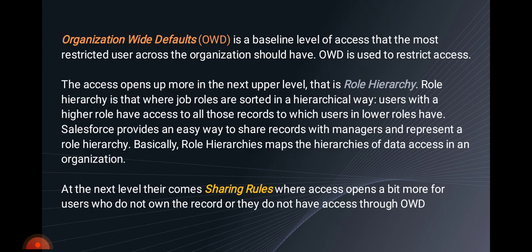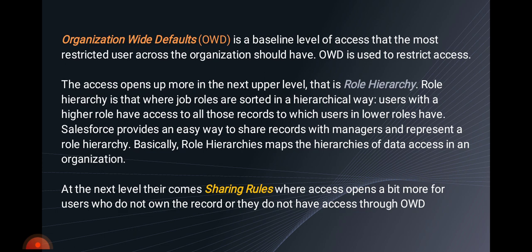Organization wide defaults is a baseline level of access that the most restricted user across the organization should have. OWD is used to restrict access. The access opens up more in the next upper level, that is role hierarchy. Role hierarchy is where job roles are sorted in a hierarchical way.